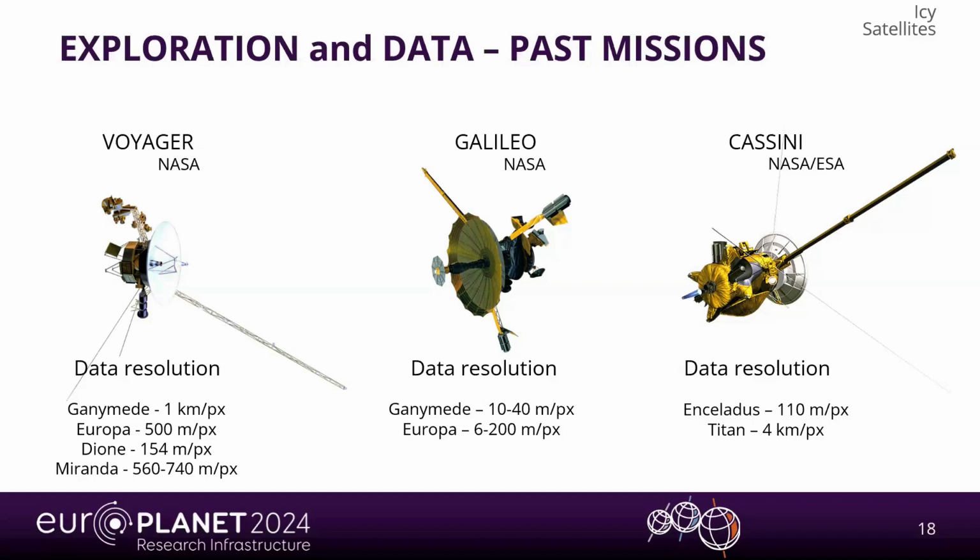The images of Voyager have regional scale resolution that allows us to cover all the surface of the Galilean moons, so mostly Europa and Ganymede, and also Callisto.